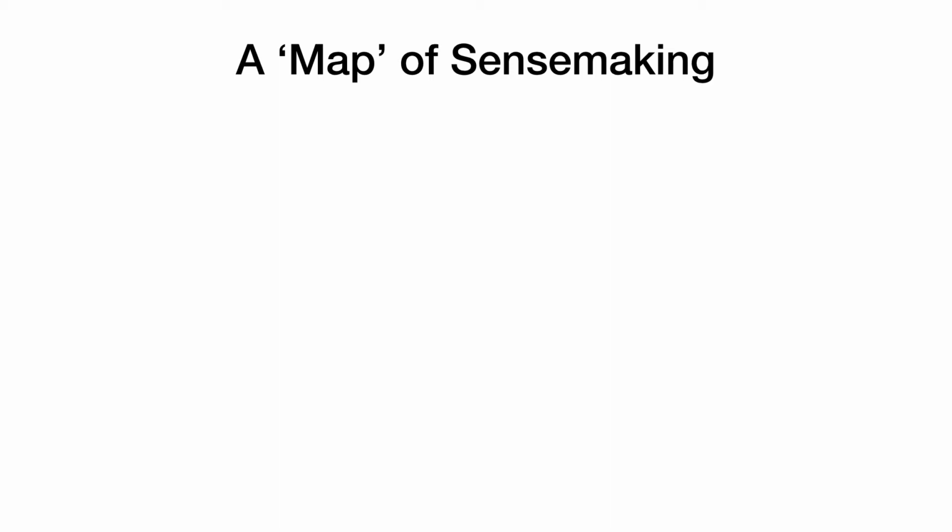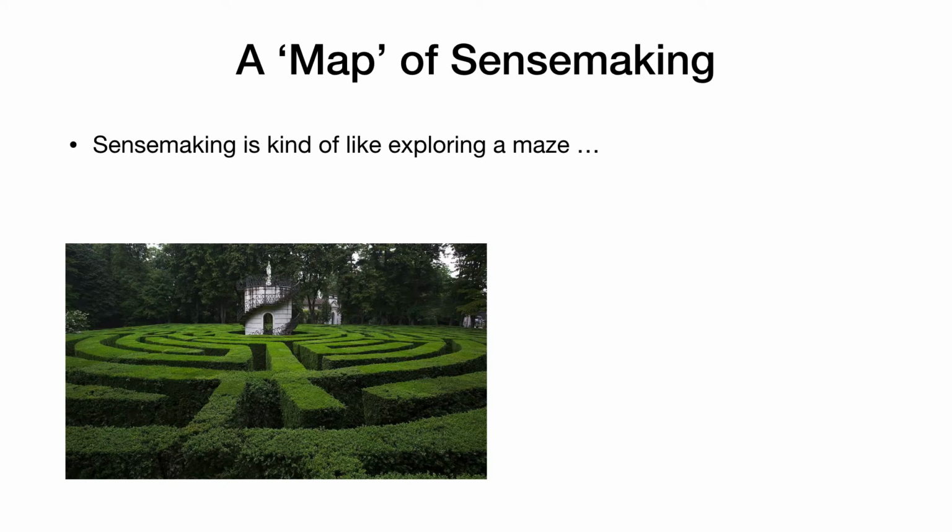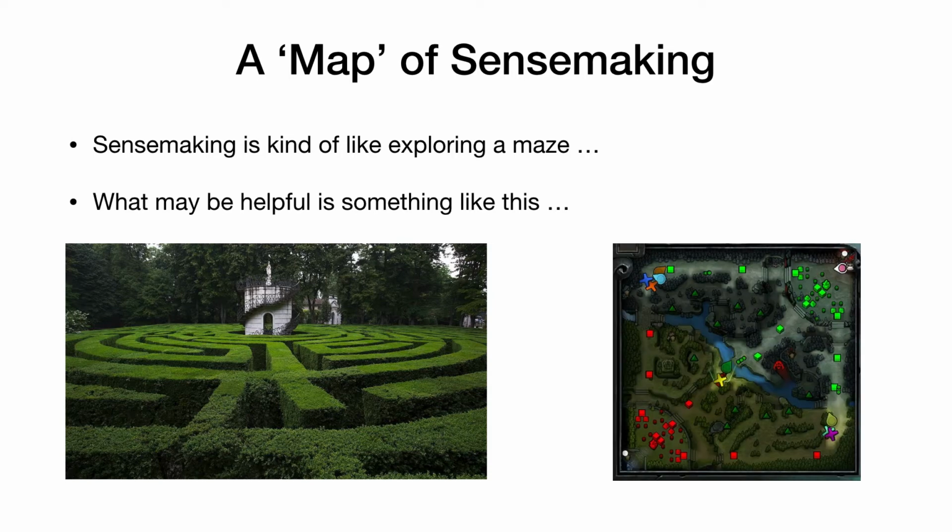Now we move on to the second tool, which tries to build a map of sensemaking. As mentioned before, sensemaking is kind of like exploring a maze, where you know where you want to get to, but don't know how. So in such a situation, it will be quite useful if you have something like this.